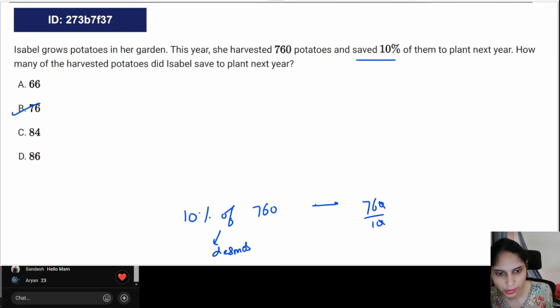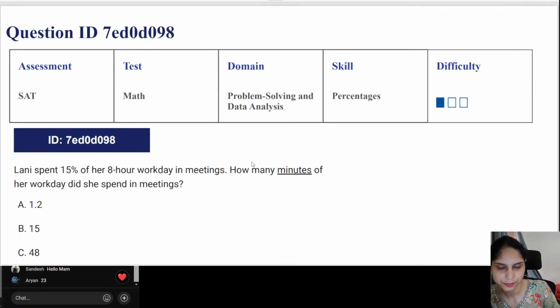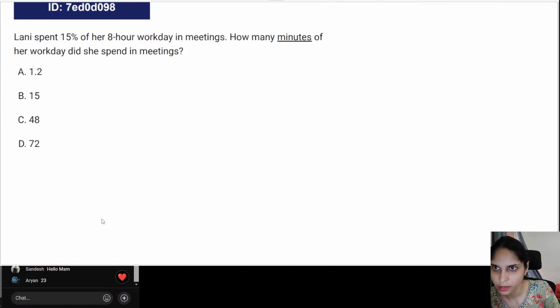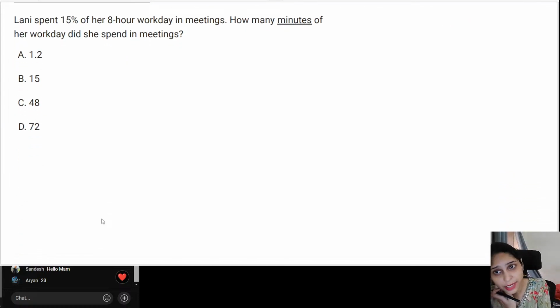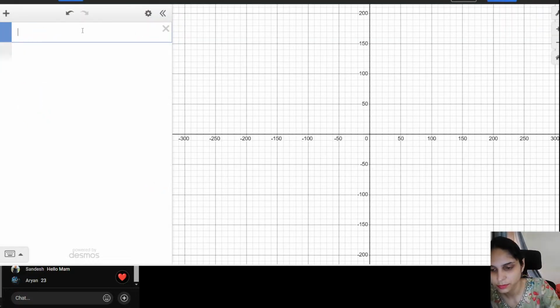Next one is question number 31. Lani spent 15% of her 8-hour workday in meetings. How many minutes of her workday did she spend in meetings? How many minutes of her workday? It's 15% of her 8-hour workday. So you just have to find 15% of 8. 15% of 8.